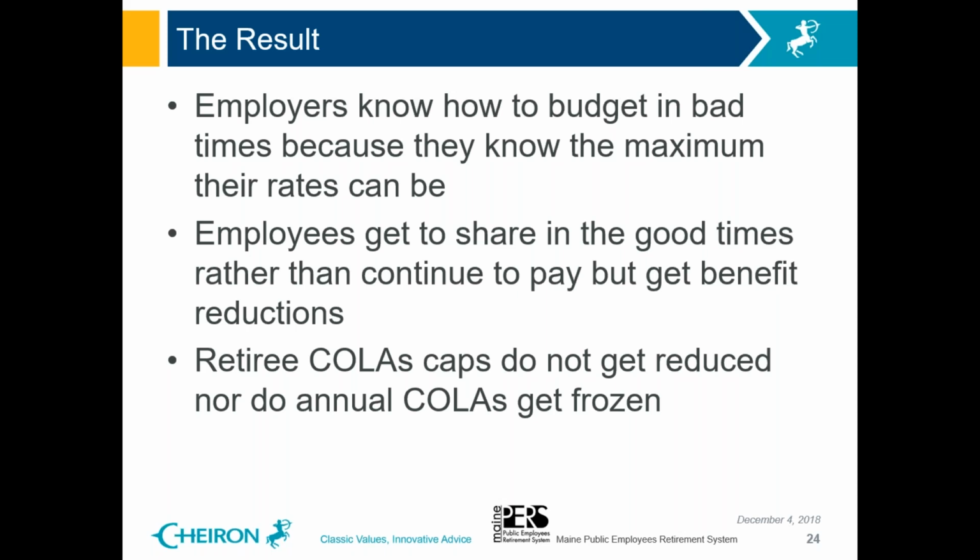And we decided that rebounds always occur. And if they don't, there's pretty much a catastrophe going on economically anyway, and pensions aren't going to be at the top of anyone's list. So we decided to take that as an article of faith. And then when the markets rebound, we smooth those gains right back into the COLA eligibility. And when they gain enough, we start reducing the employer and employee rates below the cap.